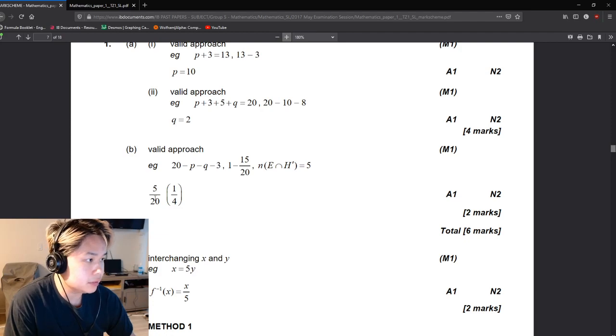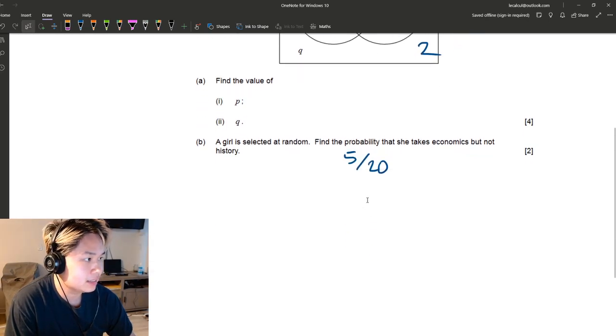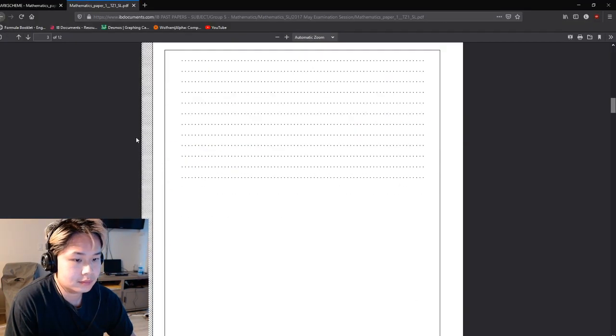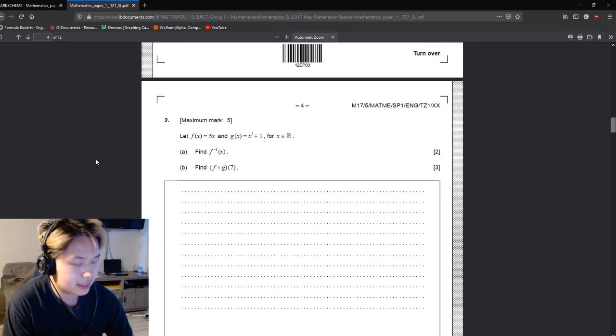You don't have to reduce fractions for probability questions. Notice that they give you both answers, and both are completely valid. So yeah, okay, you could have reduced it, but you know, time is precious. So just leave it as 5 over 20. Yeah, save yourself the time.